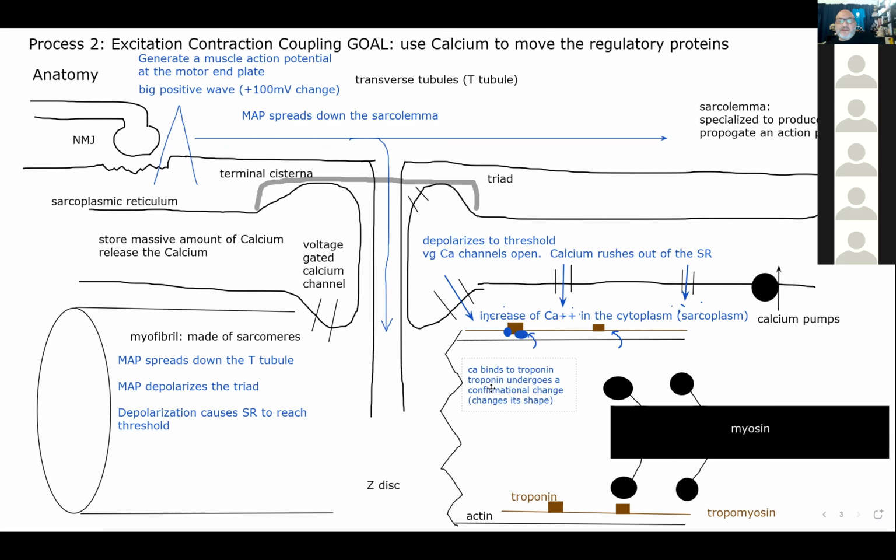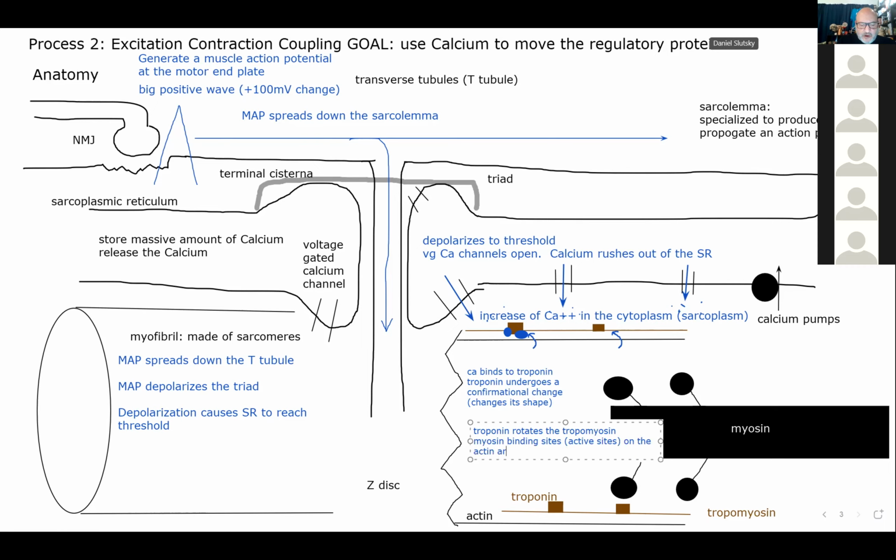And notice when it changes its shape and rotates that tropomyosin, now the myosin binding sites, or remember what we call the active sites, on the actin are exposed.